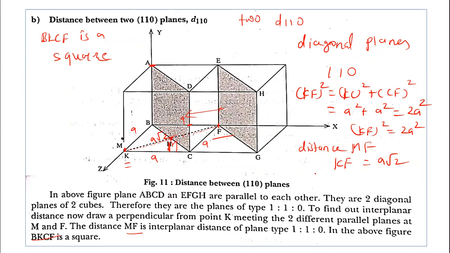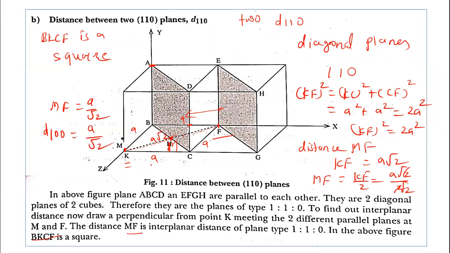We know that MF is equal to KF by 2, so it is A into root 2 divided by 2. So at the denominator there is a root 2, and MF is equal to A upon root 2. The interplanar distance D110 is equal to A upon root 2.